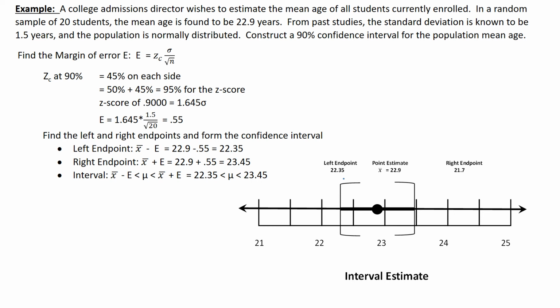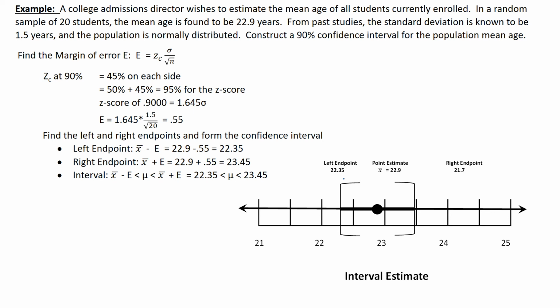Well, when I find the margin of error, which is E, defined by my z-score times my standard deviation divided by the square root of the number of samples, it's 90%, which is 45% each side. And we already found that before. The z-score for 90%, which is 45% each side, is 1.645.